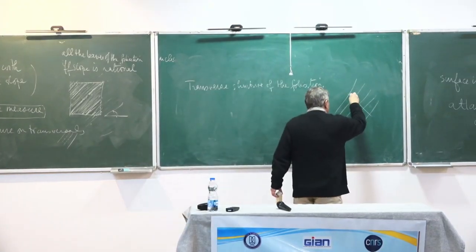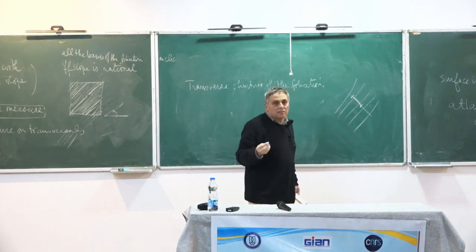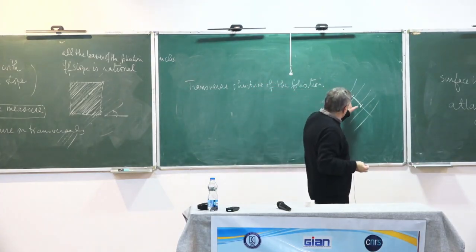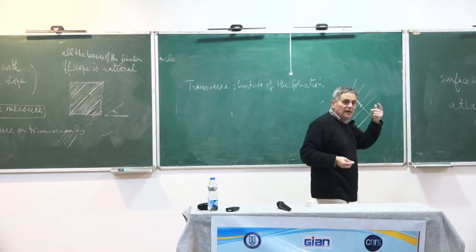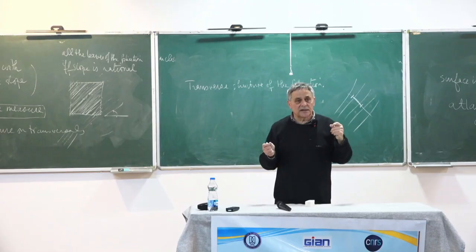I can say this set is of measure one, measure two. I can assign numbers. This is a transverse arc, which is one-dimensional, so I'm talking about measures on the real line or on segments of the real line.